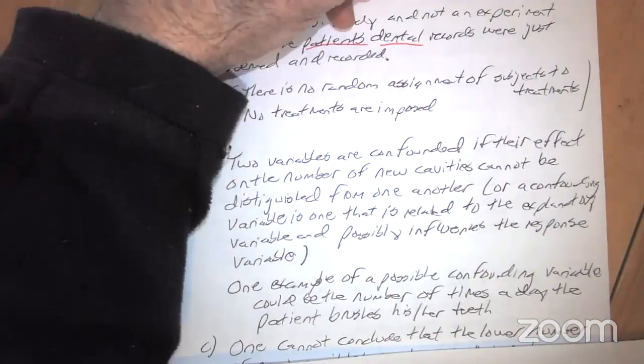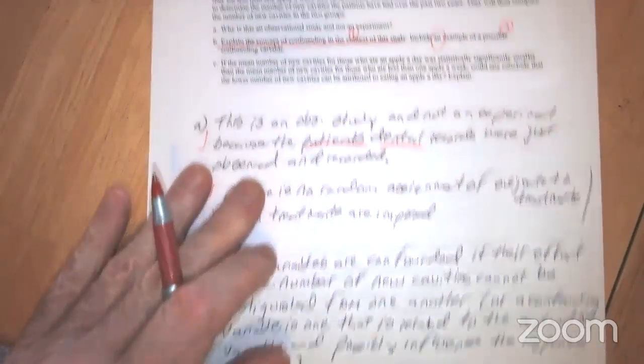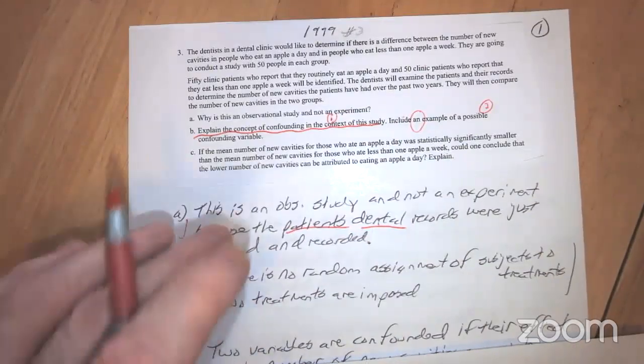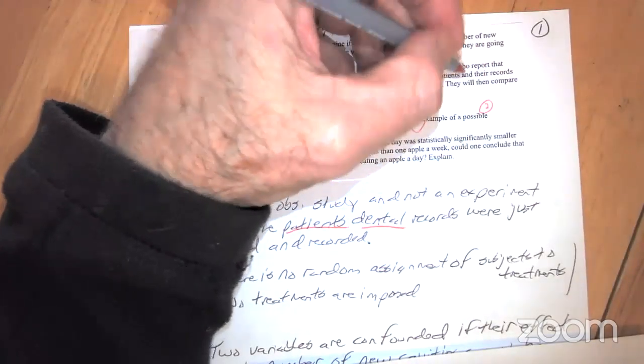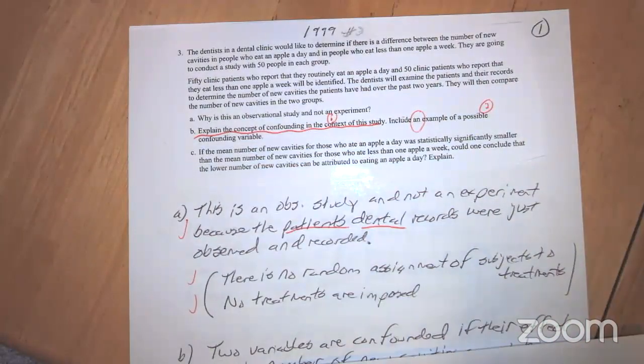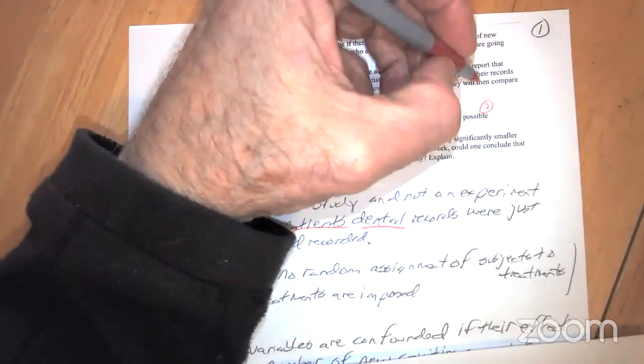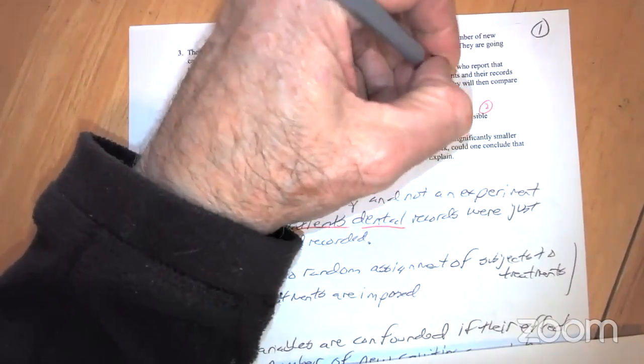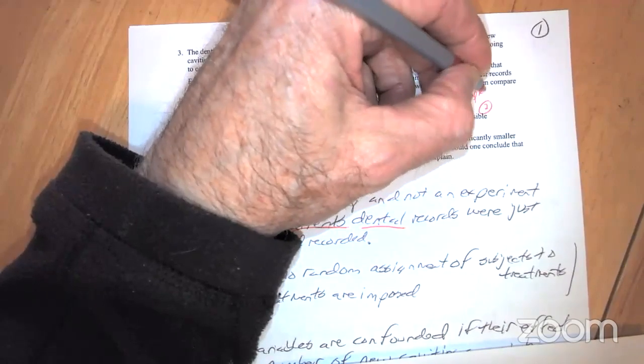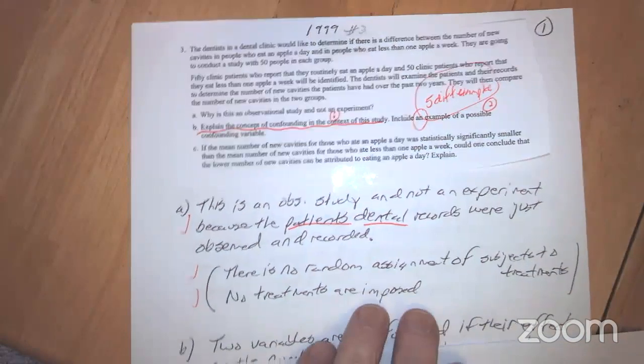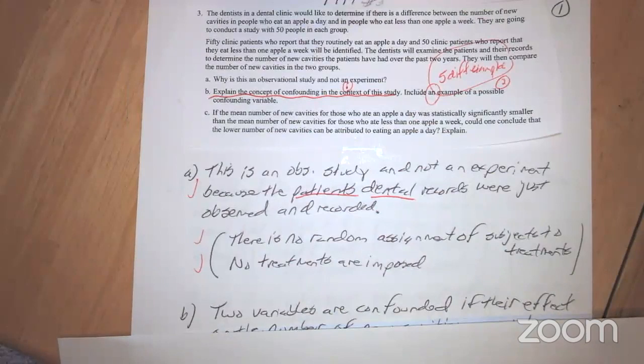So include an example. I need 1 example. There are many different rules at the reading. When we ask for 1 example, we want 1 example. If students give us 5 different examples, we actually read all 5 and we pick their worst answer. That may not seem fair, but we actually pick their worst answer.